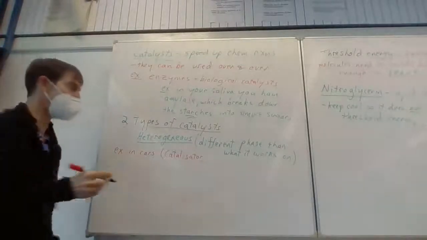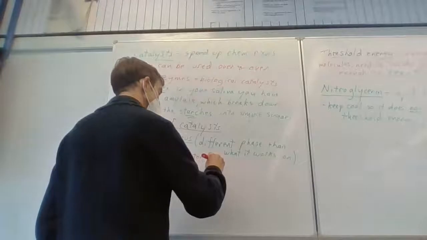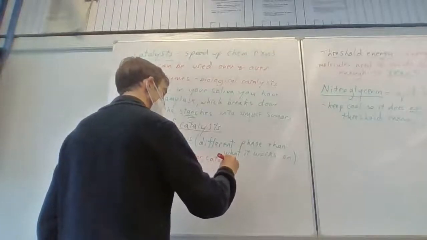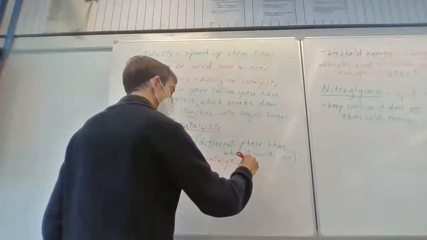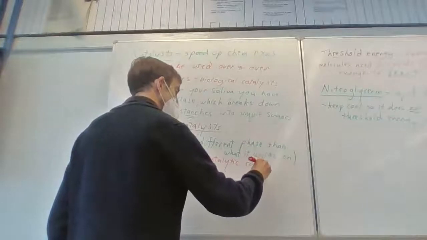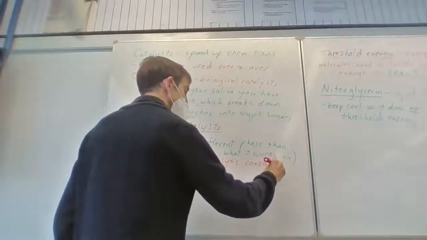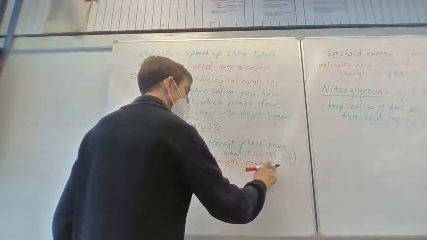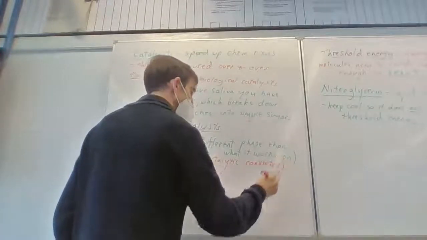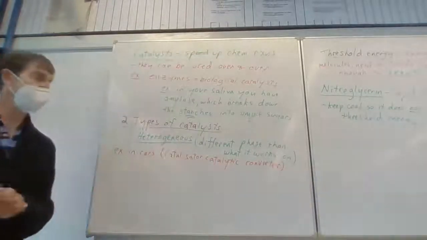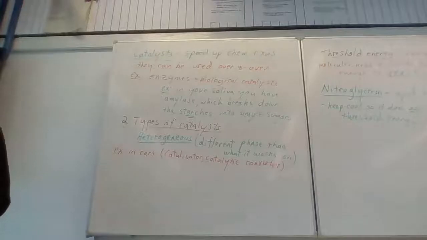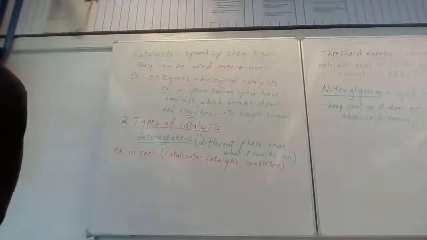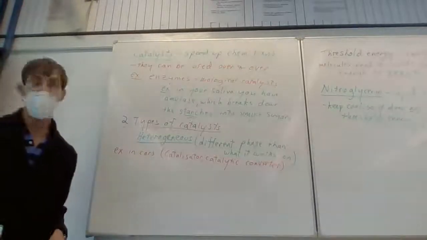I'm going to give you the words in English. You ready? In English, it's catalytic converter. So in English, it's two words, catalytic converter. In German, we just say Katalysator. You might have heard of it.